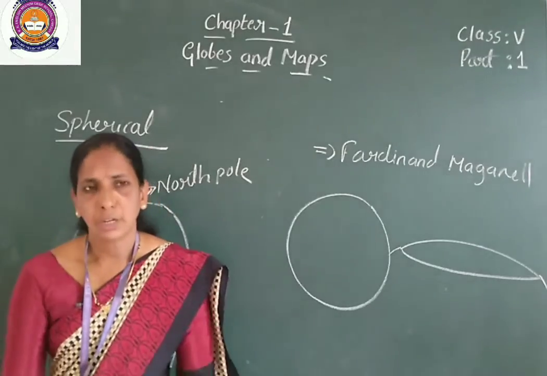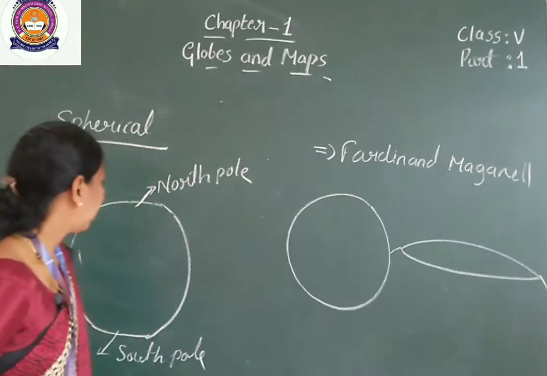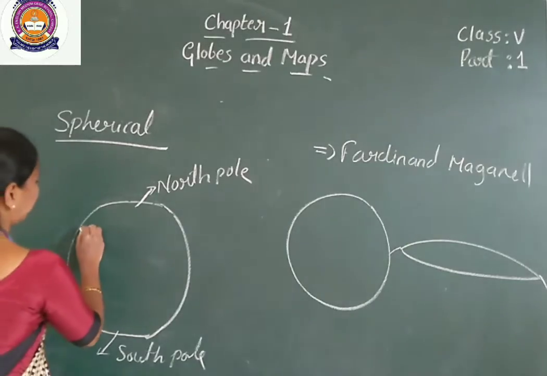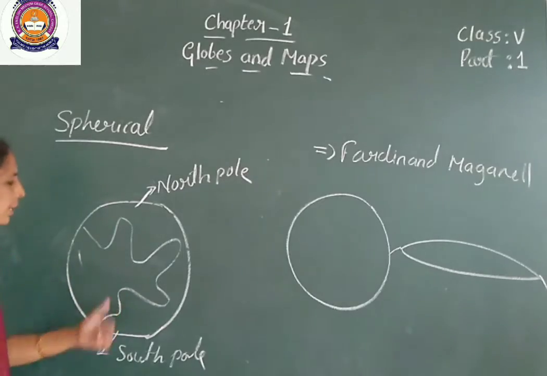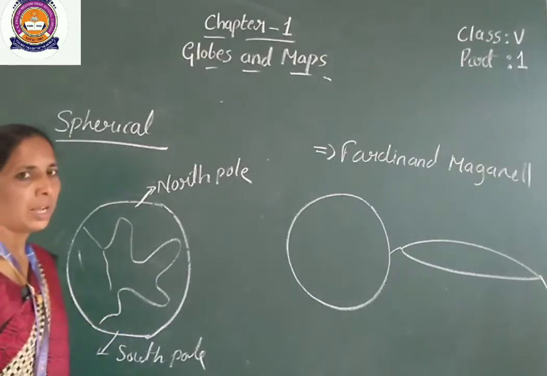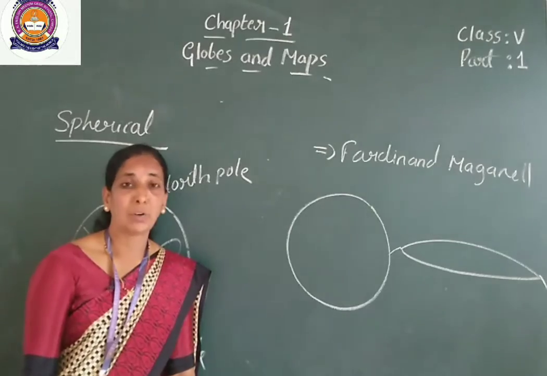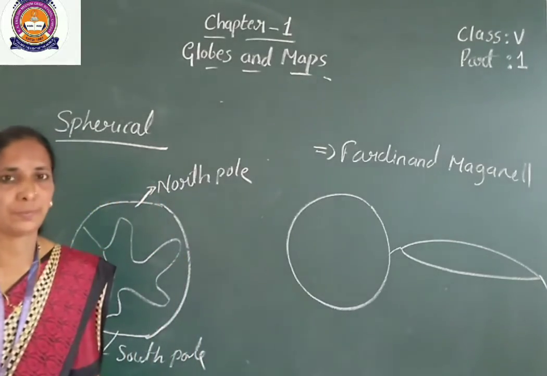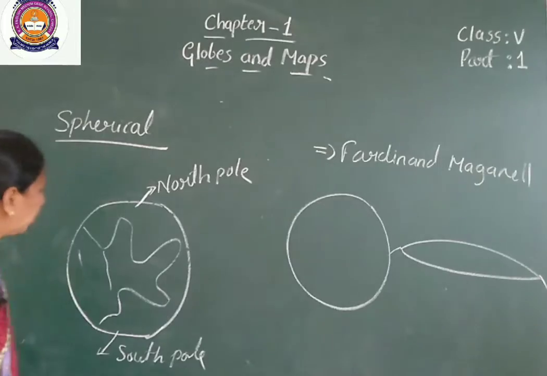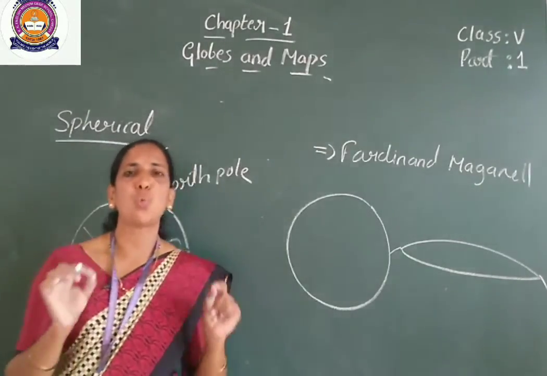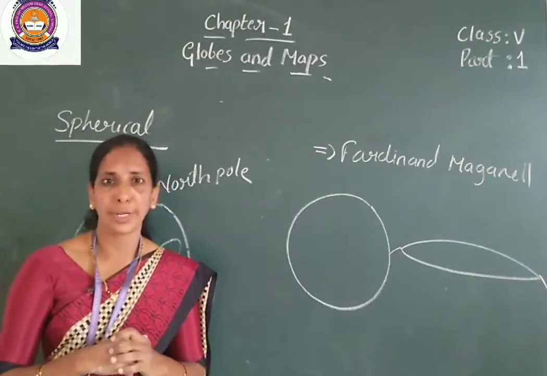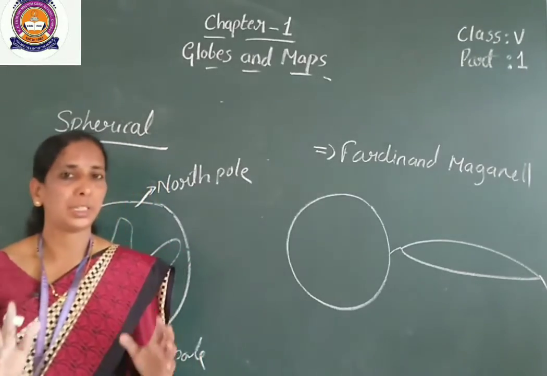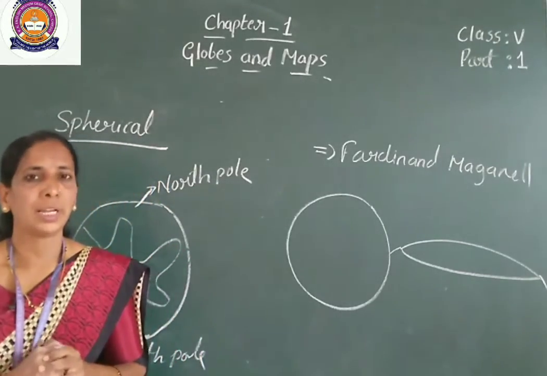And next, on the earth's surface, we see some large land masses that we call continents. The earth also has vast water bodies that we call oceans.